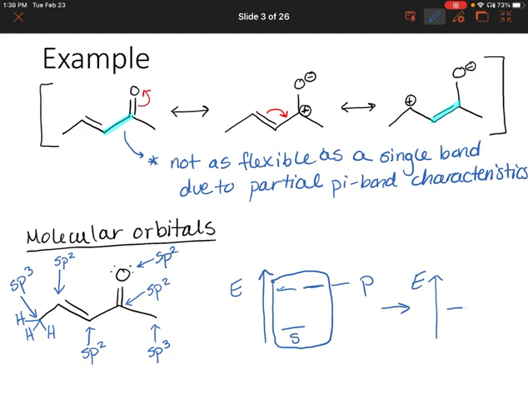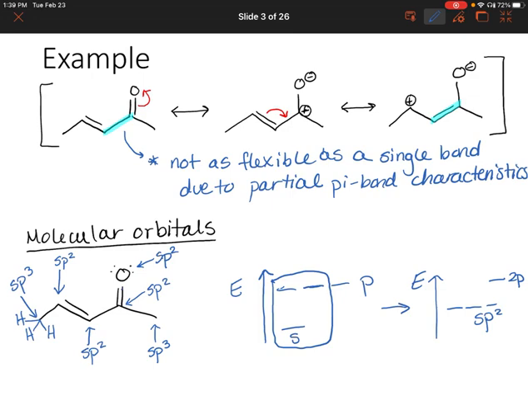That will give us 3 sp2 orbitals, and then 1 p orbital will be left over. So all of the sp2 hybridized atoms will have a p orbital that's just hanging out, and that can form pi bonds, right?